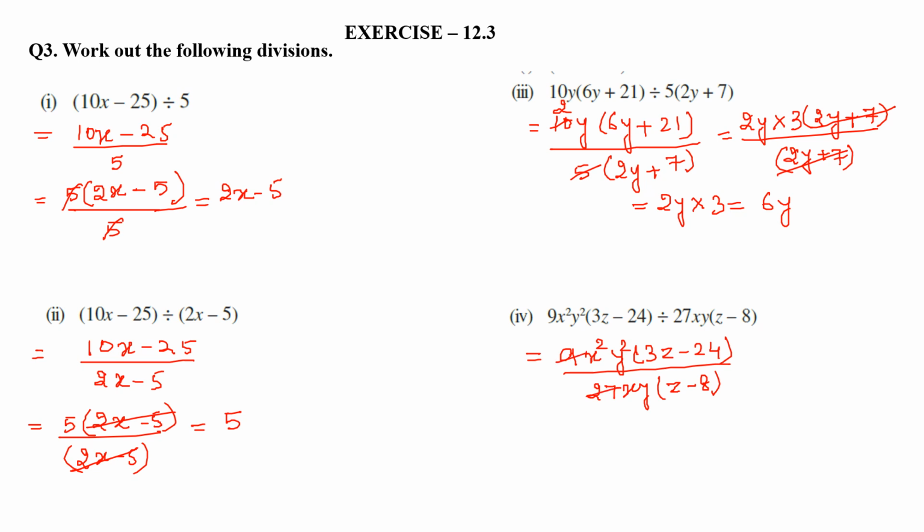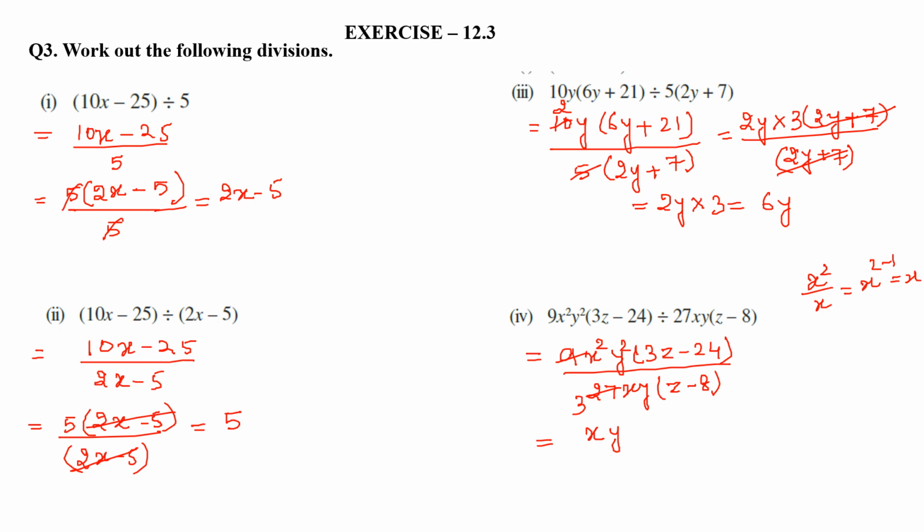If you can see, in the numerator it is x square and in the denominator it is x, so I can use the laws of exponents. x square by x will be x to the power 2 minus 1, which will give me x. So in the numerator, it is only x. In the same way, y square by y will give me y.